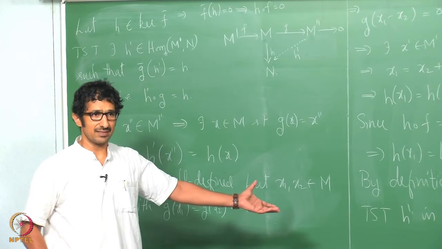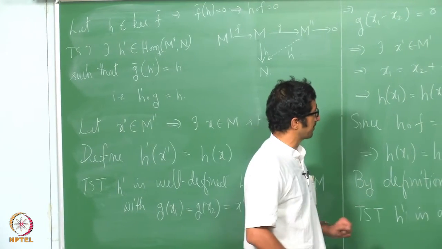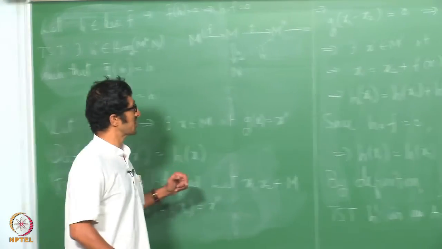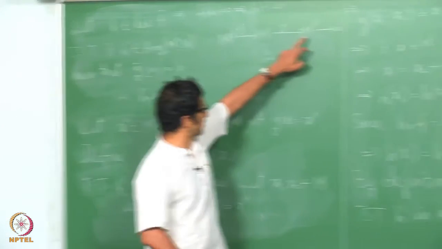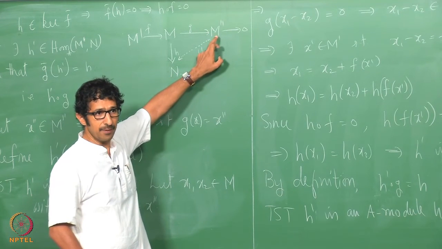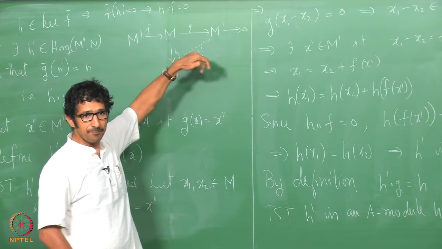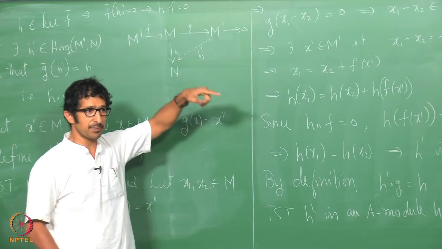But that's again straightforward. How did we define H prime? Suppose I take x1 and x2 here; we want to say that H prime of x1 plus x2 is the same as H prime of x1 plus H prime of x2.